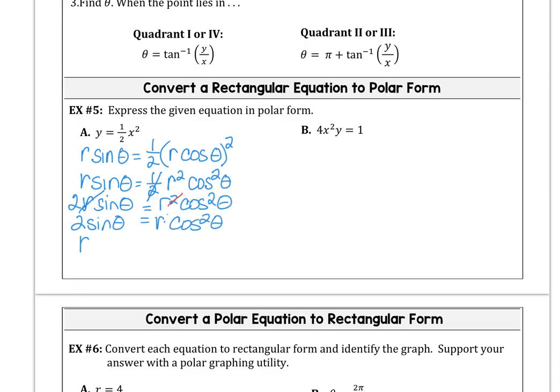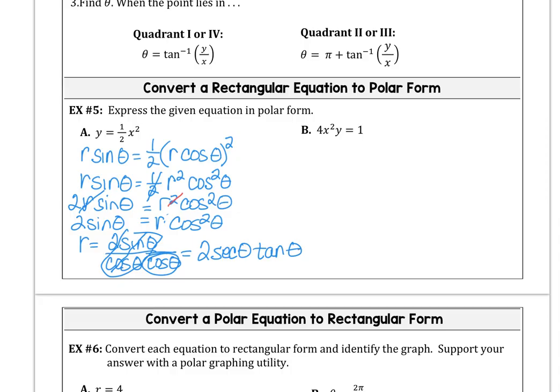Solve for r, we have 2 sine theta over cosine squared theta. I'm going to write it this way because sine over cosine is tangent. So we have 2 secant, which is this cosine on the bottom, and tangent, which is the sine over the cosine.